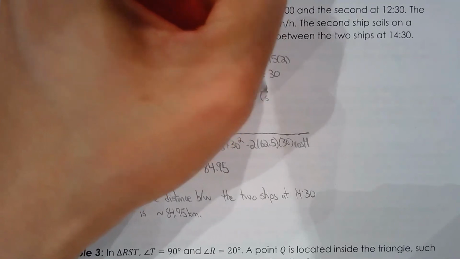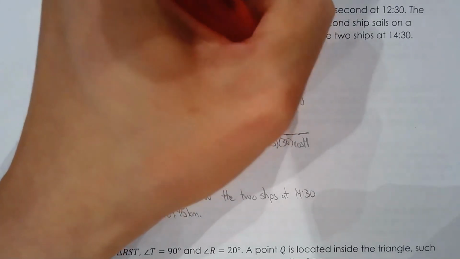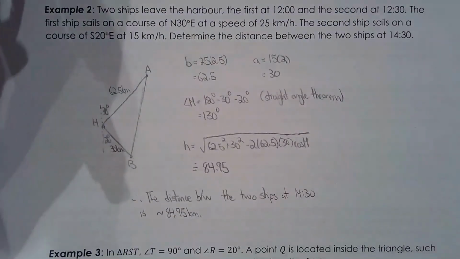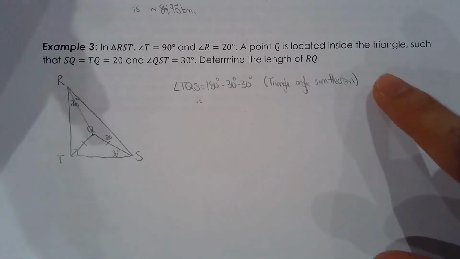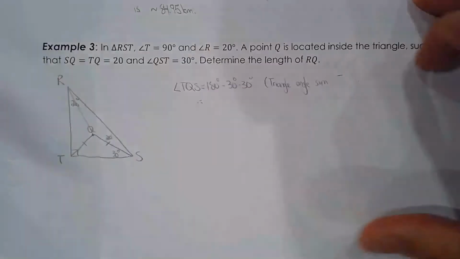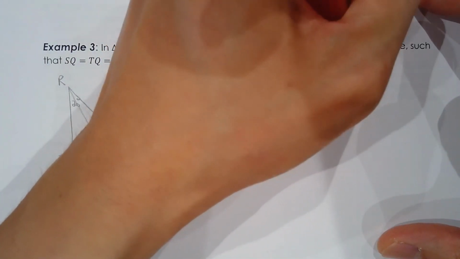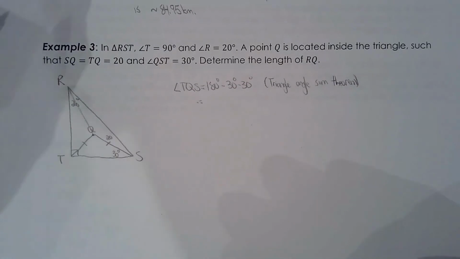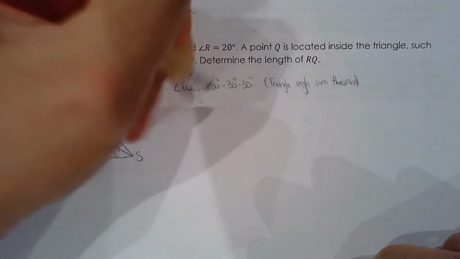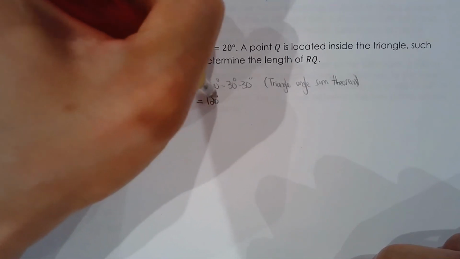You can say straight angle theorem, because a straight angle is 180 degrees. But these are theorems that you learned in the grade 9 geometry unit. So the angle is 120 degrees.